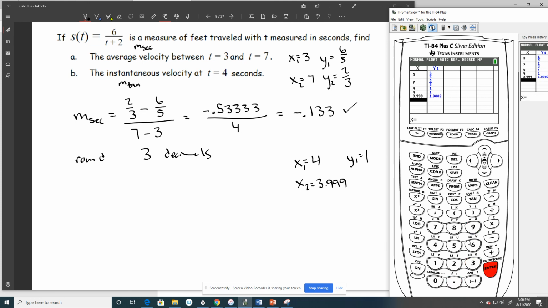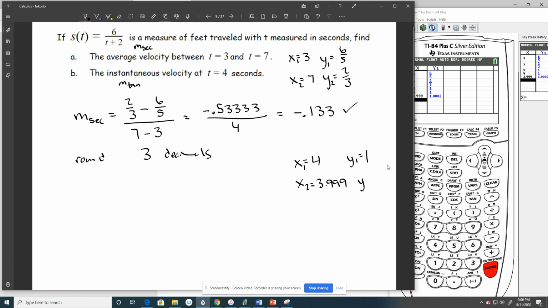When I hit enter, I get 1.0002. So my y2 is 1.0002. So I've got my 2 x's and my 2 y's. So the slope of my tangent is going to be equal to y2, 1.0002, minus y1 over x2, 3.999, minus x1, which is 4.